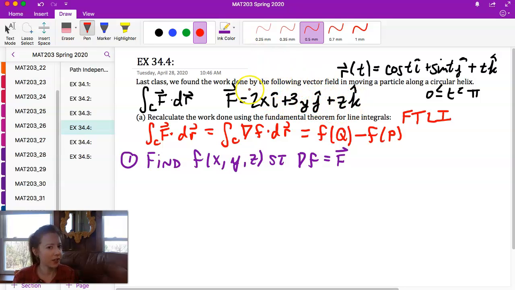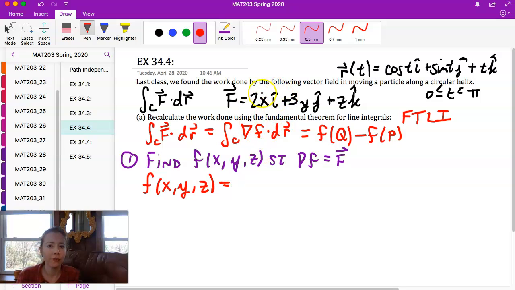The nice thing about this example is our x component is in terms of x, our y component is in terms of y, and our z component is in terms of z. We have no mixed variables in any component. So it's pretty straightforward actually to guess what a possible potential function could be for this field.